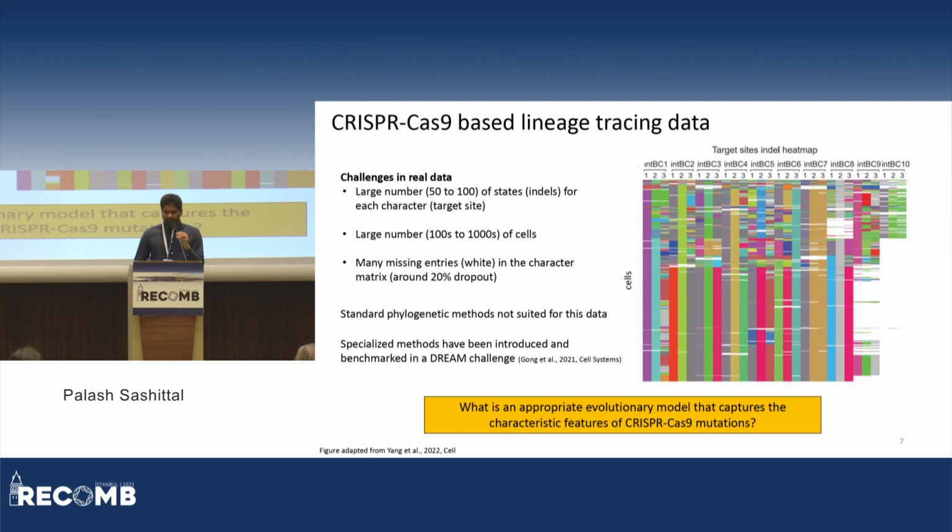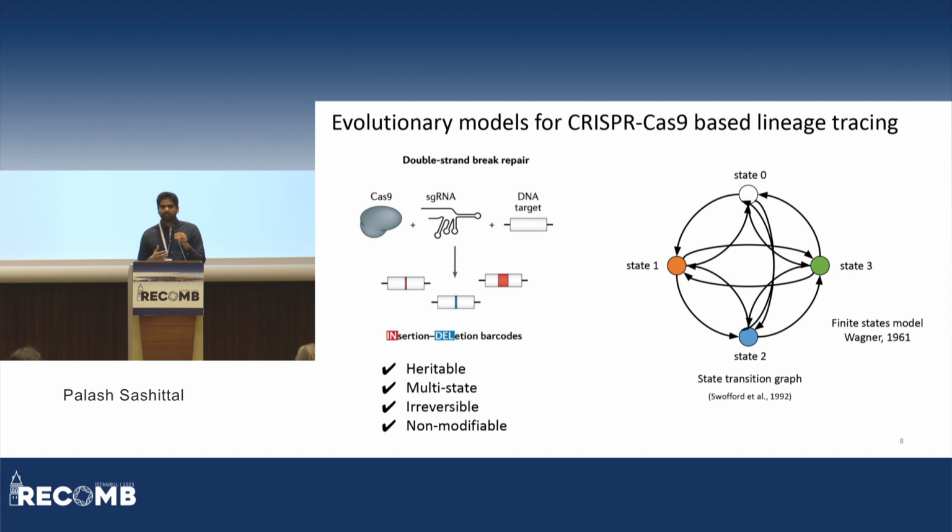To talk about these evolutionary models, I'm going to introduce the concept of a state transition graph. You have a state transition graph for each character in your data. For a given character, the state transition graph has nodes that represent the mutational state of that character. So here you have, let's say, 4 states for a given character.